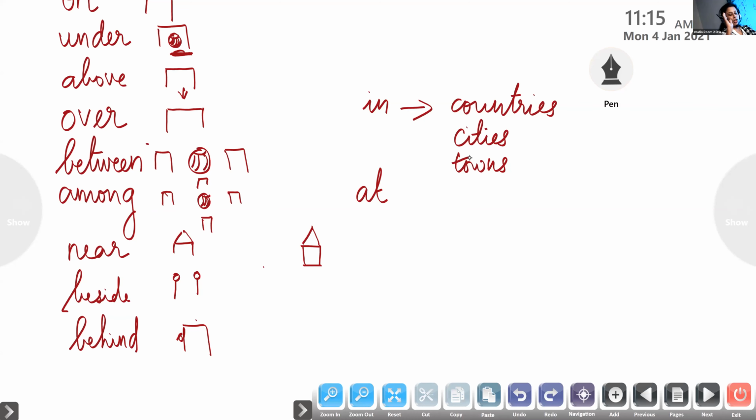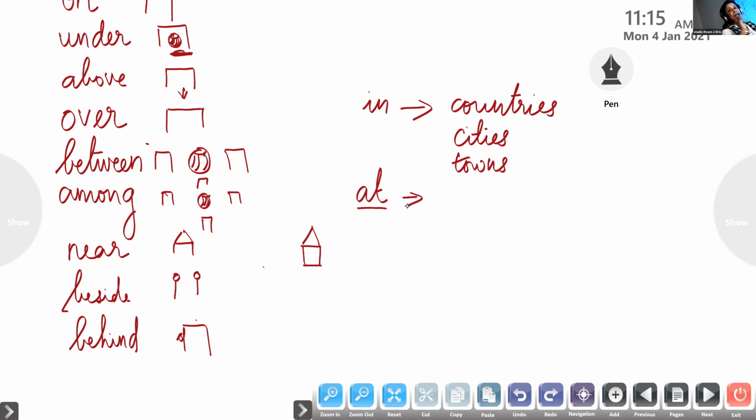So the preposition in is used for countries, cities and towns, the area where something or someone is located. Okay? Then we are moving on to the preposition at. At tells us someone or something at a particular point.